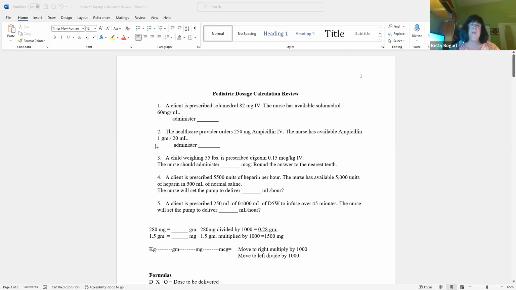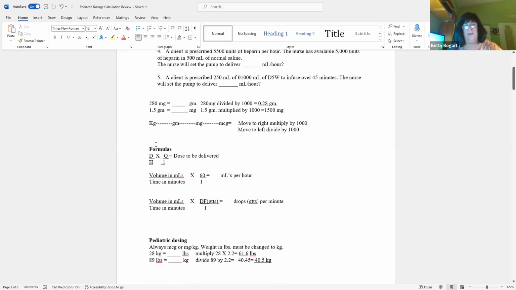So now, let's forget the questions right now and let's look at formulas. There literally are three formulas we are going to use. When you have a dose that needs to be delivered, whether it's 6 milligrams per hour or 250 milligrams, it is a dose.